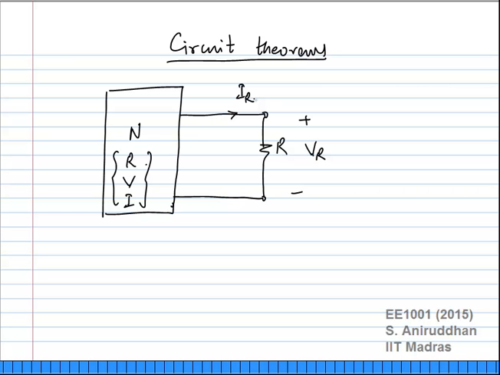Now this particular network will have a steady state, corresponding to a set of voltages and currents for each element in this network, whether it's the current source, voltage source or resistor. Now what I want to do is see if there is any way of replacing this resistor with something else such that the system of solutions does not change.